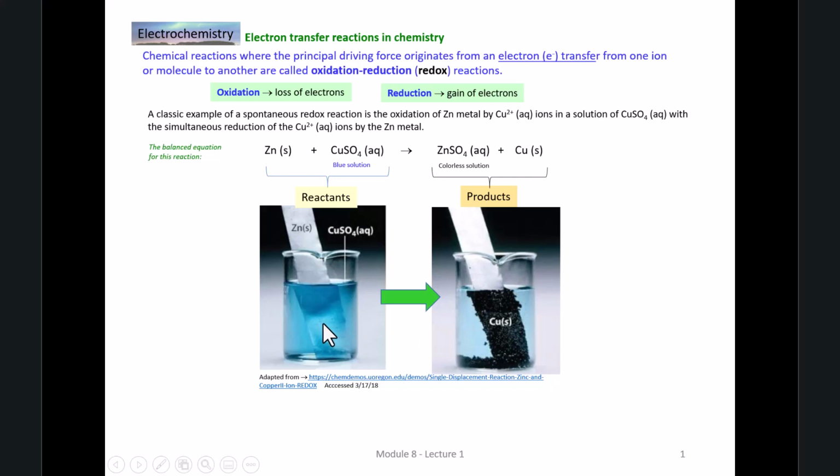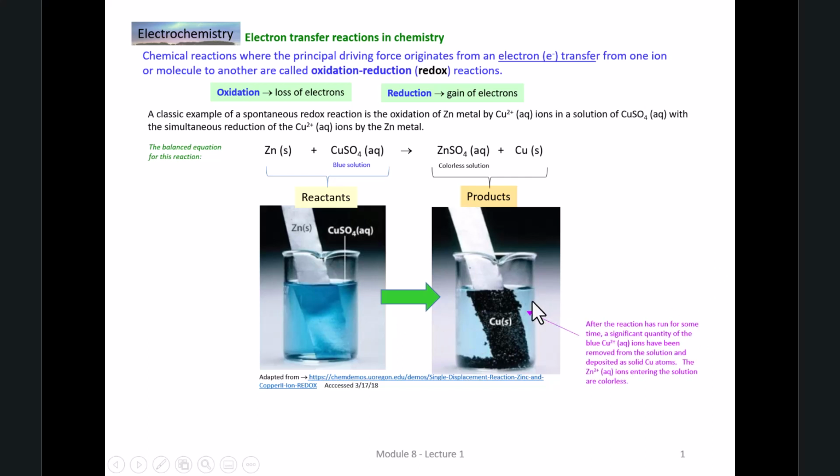Now, the two obvious things that have happened here in this reaction are that the zinc metal, which was silver colored metal, seems to have turned black and crusty, and the copper sulfate solution seems to be a lot lighter than it was before the reaction started.